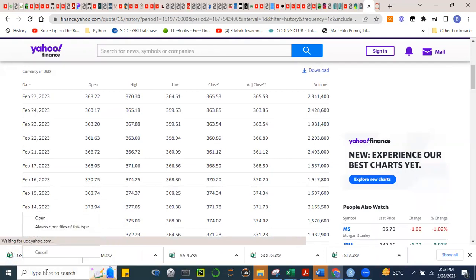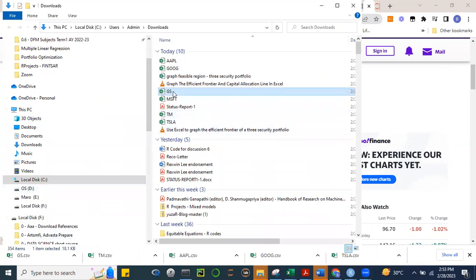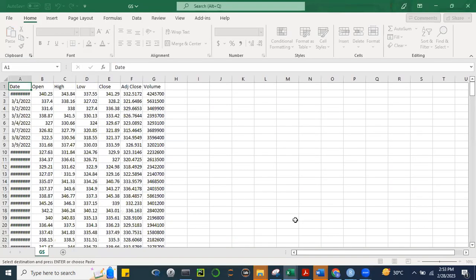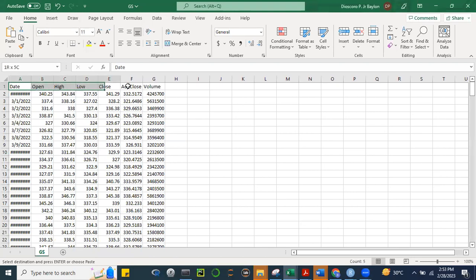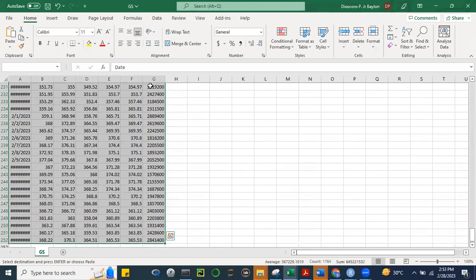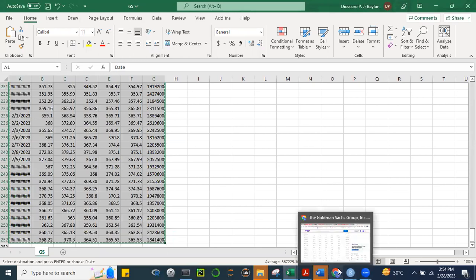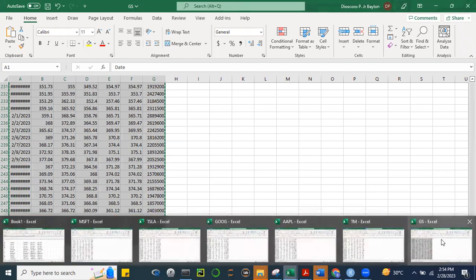Next, Rhea, ikaw mag-suggest, Rhea. Please suggest a company. Kung kilala naman, parang. And this is Goldman Sachs. Rhea, next, please.